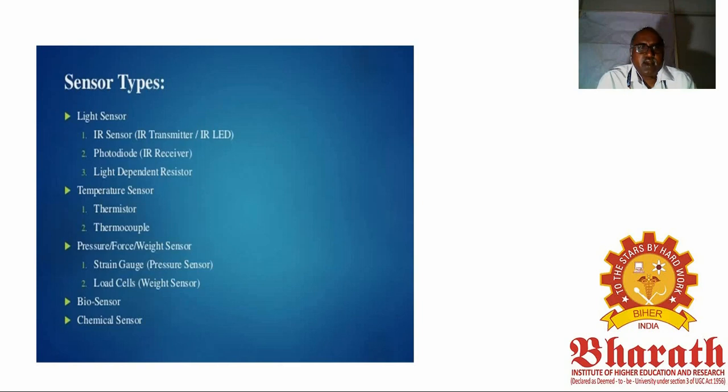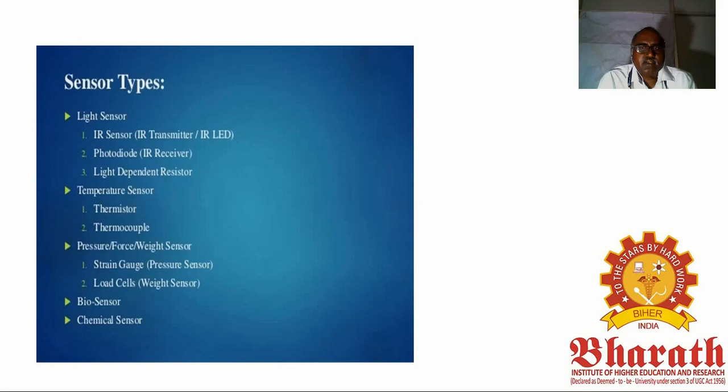The infrared LED can also be used as a sensor. Photodiode is one of the important IR receivers because, based upon the illumination, it can vary its conductivity and hence produce a higher or amplified output.